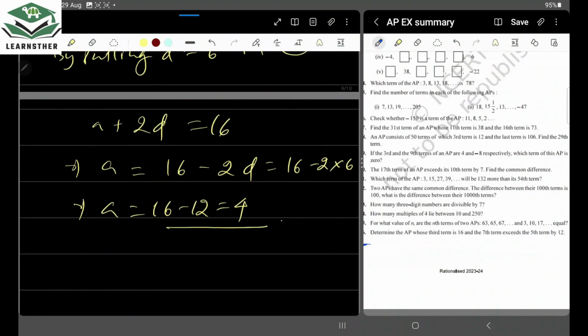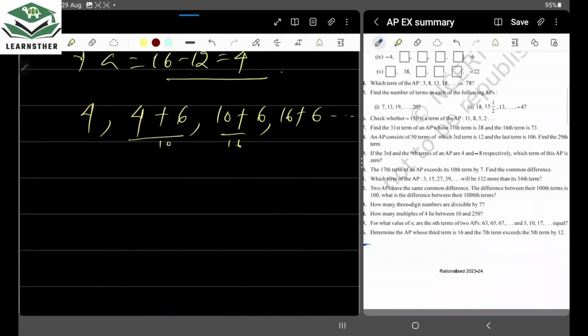So the AP will be like this. First term is 4, second term is 4 plus d, which will become 10, 10 plus 6 will become 16, 16 plus 6 is 22, and so on. So the AP will be 4, 10, 16, 22.